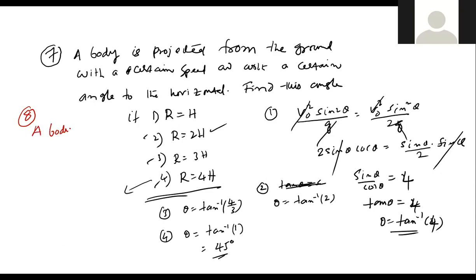The body is projected with a kinetic energy E, making an angle theta to the horizontal.